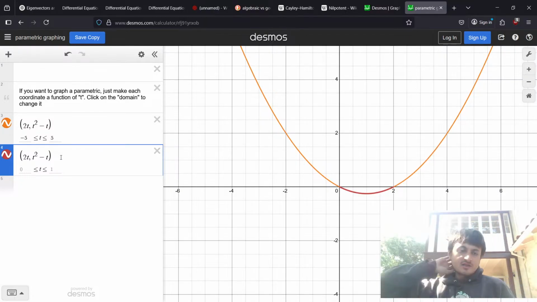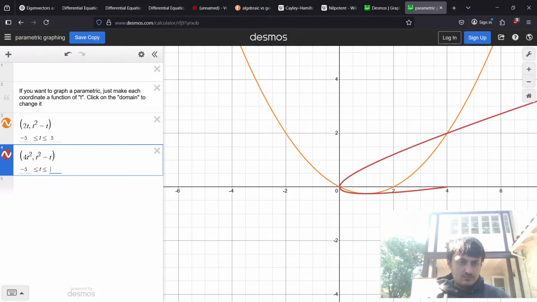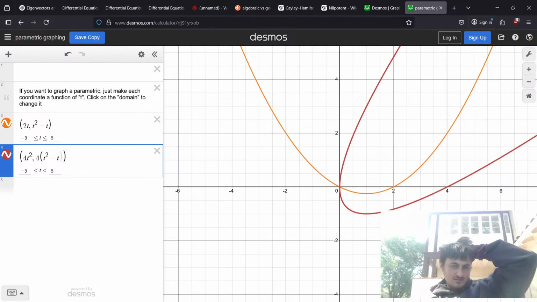That is the curve of the trace and the determinant. But what we need is now t squared, so 4t squared. And then this is going to be 4. What?